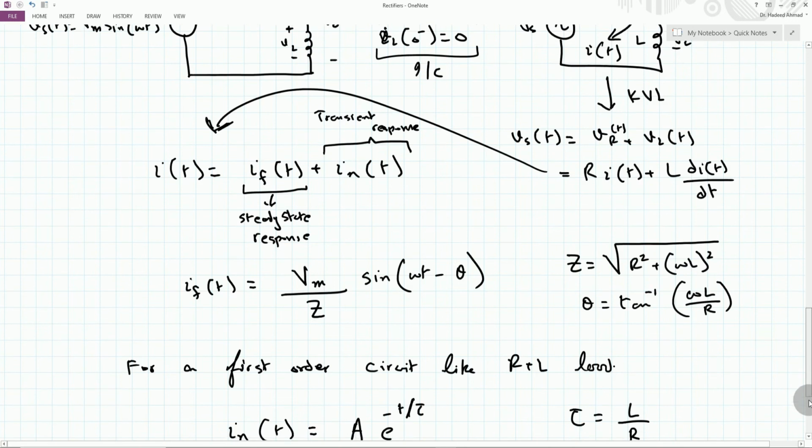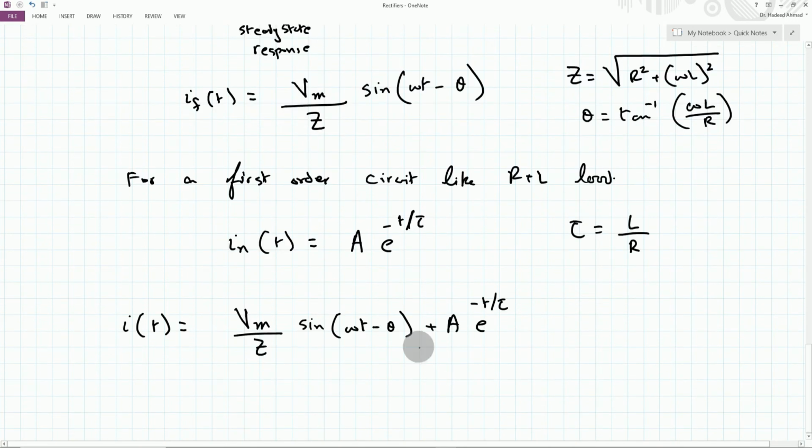This is the initial condition. Now when I apply it here, we have i(0 negative) equal to 0, and of course it cannot change instantaneously.